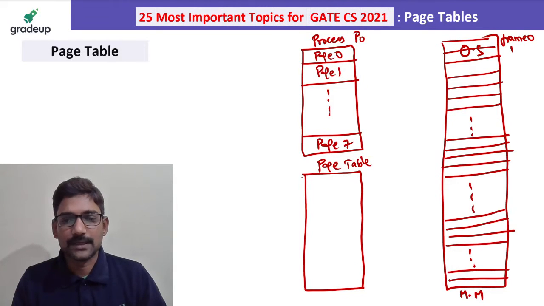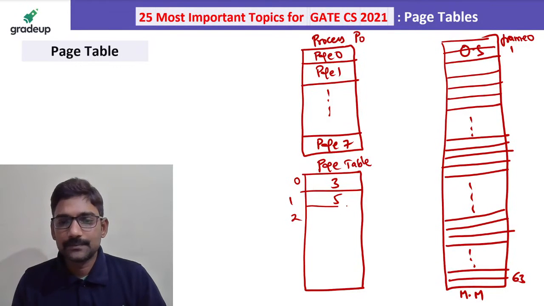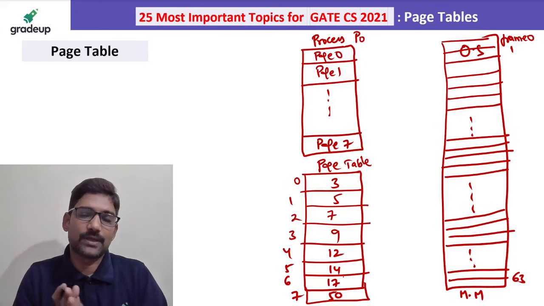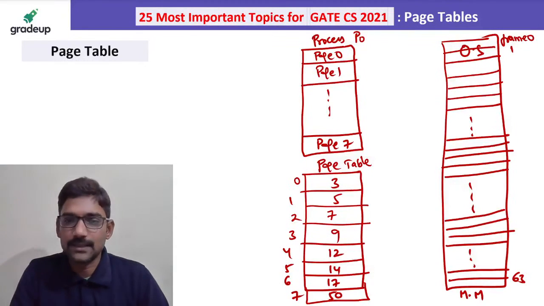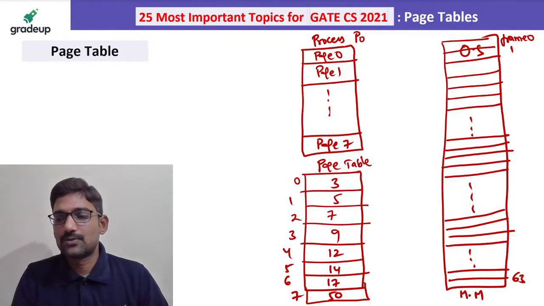Let's say page 0 is stored in frame number 3, 1 is stored in frame number 5, 2 is stored in frame number 7, 3 is stored in frame number 9, 4 is stored in frame number 12, 5 is stored in frame number 14, 6 is stored in frame number 17, and page 7 is stored in frame number 50. Non-contiguous locations.